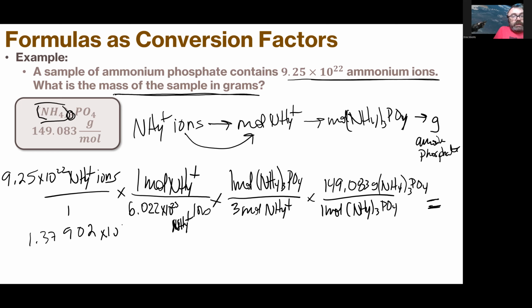1.37902 times 10 to the 25th. And then we're going to do 6.022 EE23 times 3. That gives us our denominator, 1.8066 times 10 to the 24th. This has units of grams. I'll go ahead and put the formula here too, (NH4)3PO4.